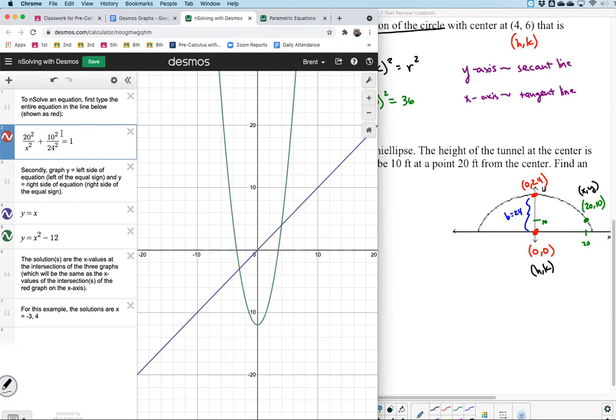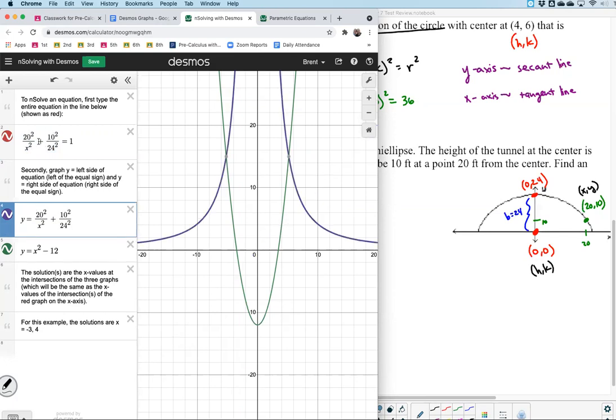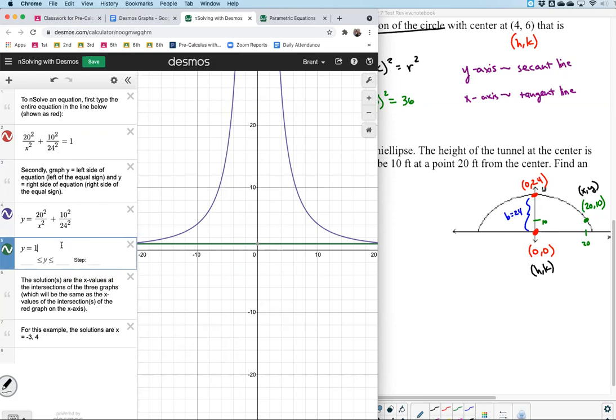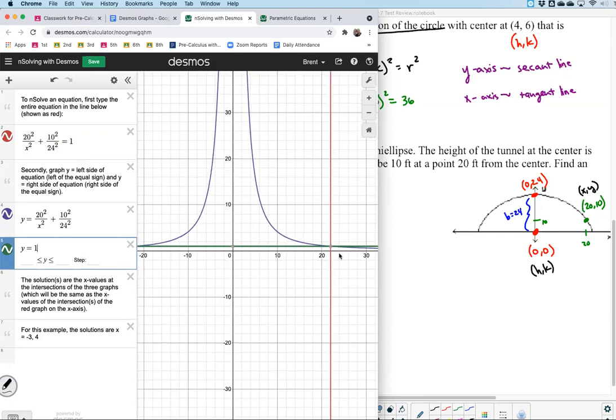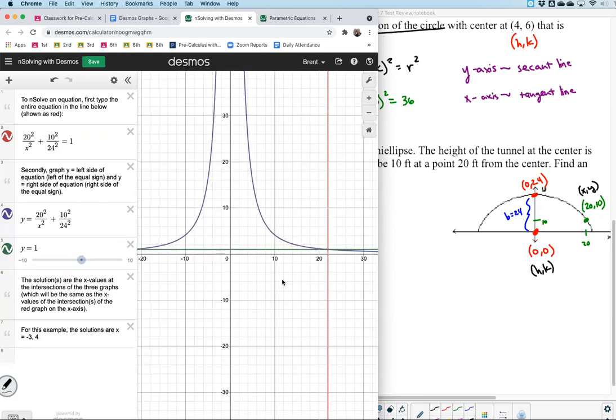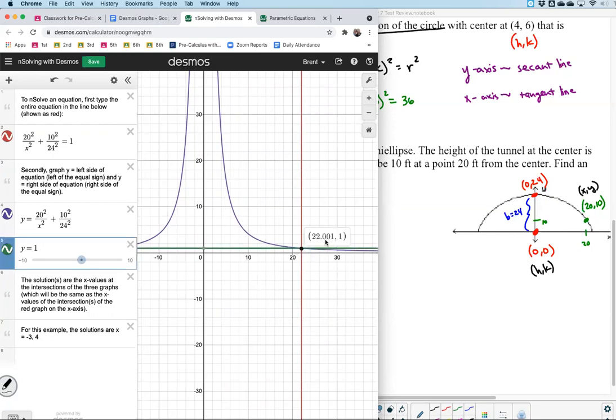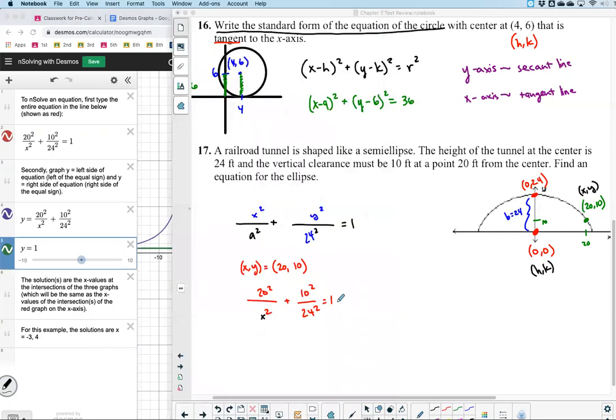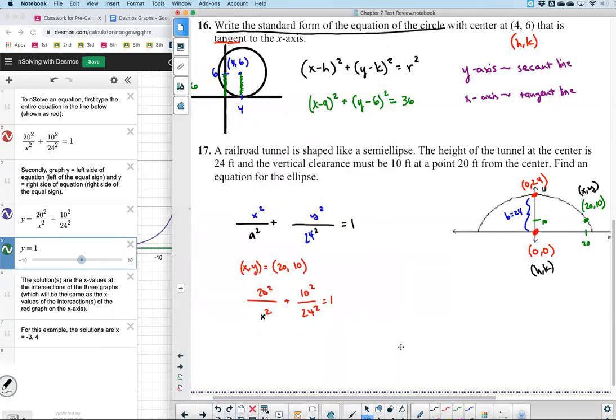So the first thing you do is you graph the equation as it is, then you copy the left side and you paste it, y equals the left side of the equation, and then you copy and paste the right side, which is just a 1. The intersection is going to be our answer. We're only going to use positive answers, not the negative here. And so this answer is approximately 22.